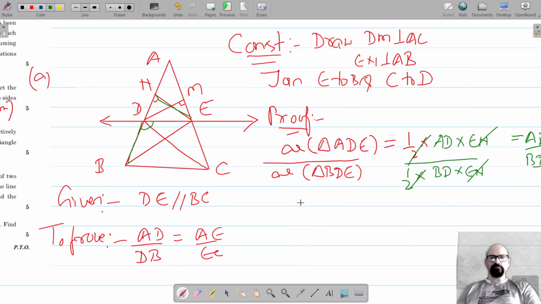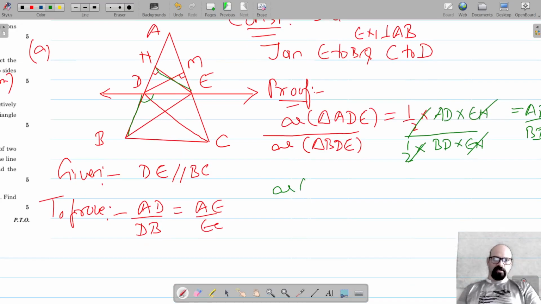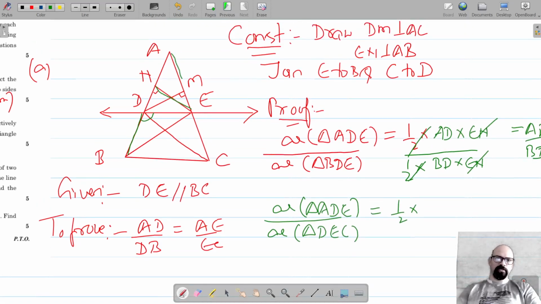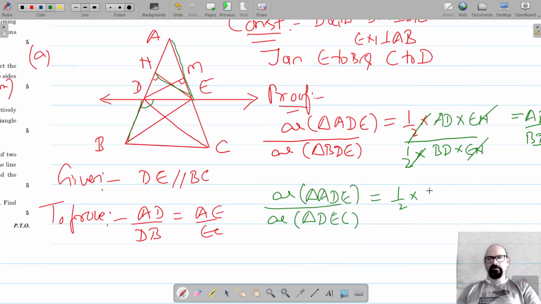Now, once again, I'm going to divide the area of triangle ADE by, this time, the area of triangle DEC. And for the area of triangle ADE, this time I'm going to take the base as AE. So this is the base AE and height is DM.